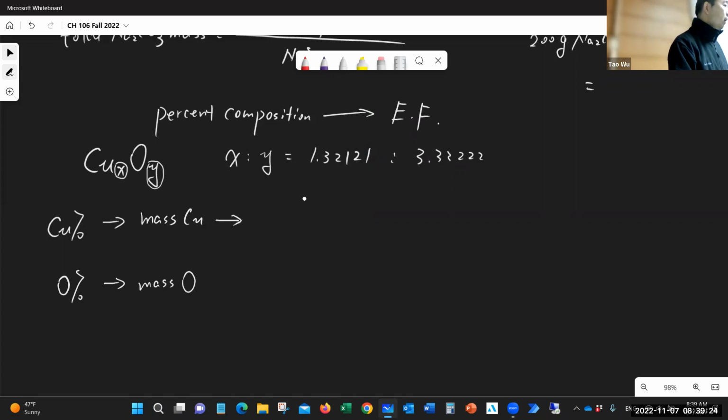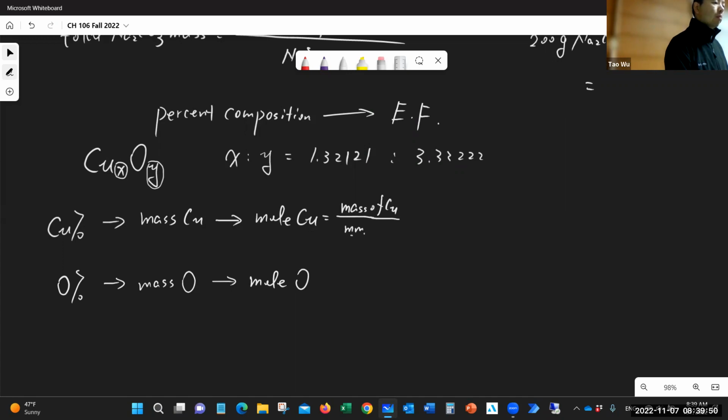The next part is you need to figure out the moles of copper and the moles of oxygen. This is the second step. How to do this? Obviously, the moles of copper will be equal to the mass of copper divided by the molar mass of copper, right?